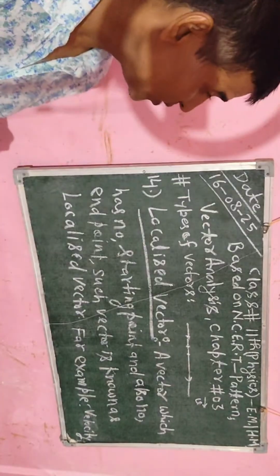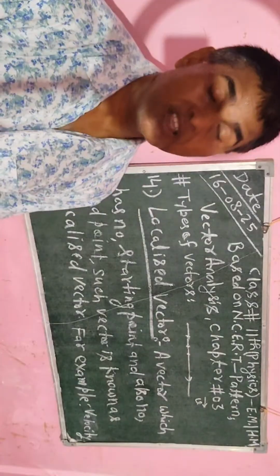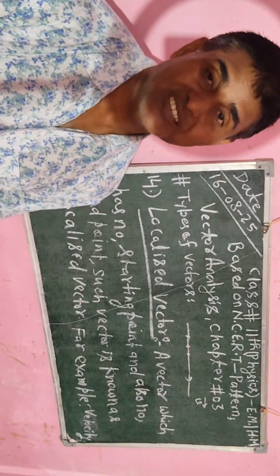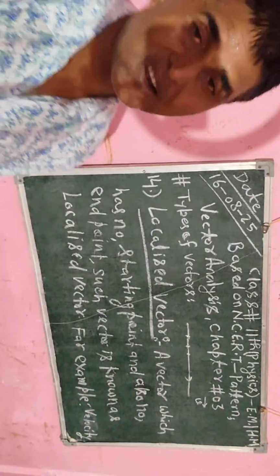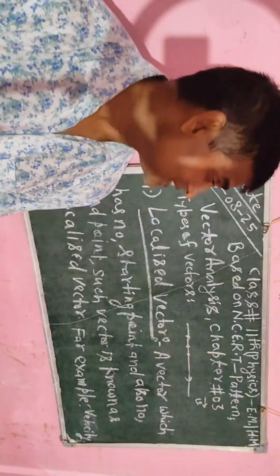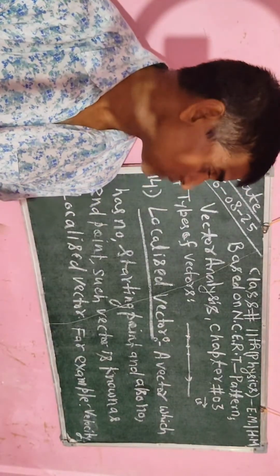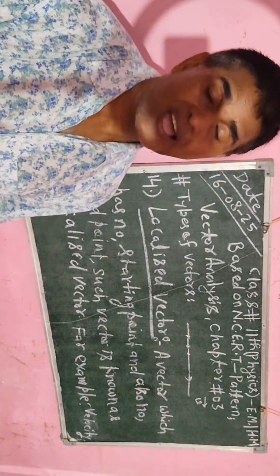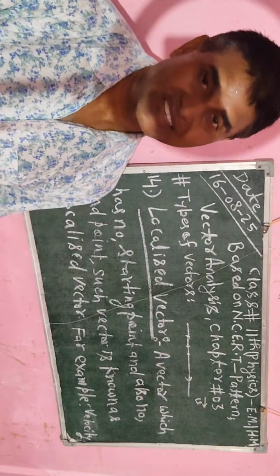Similarly, if a particle is moving from point A to B, its velocity will change. After changing, that velocity will be V, also known as the final velocity, in Hindi antim value. Within that time interval I divide by time, so I get a value, and that is the value of acceleration.